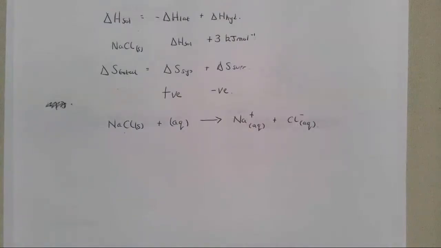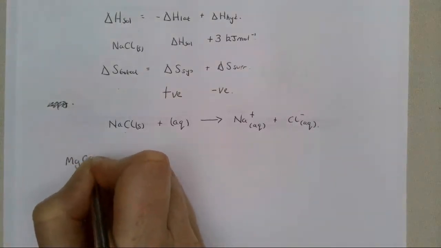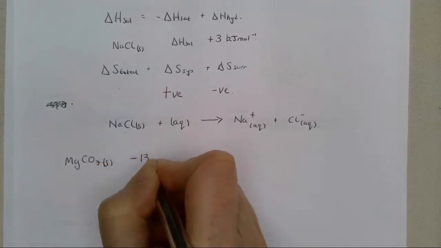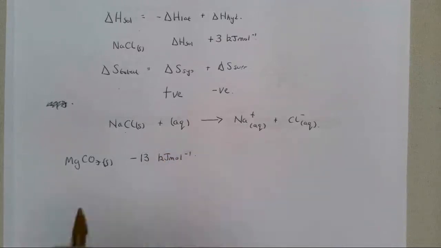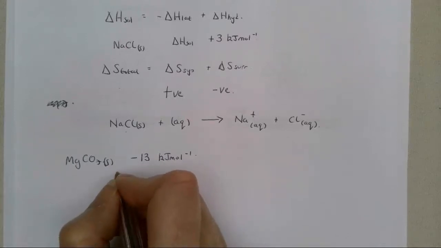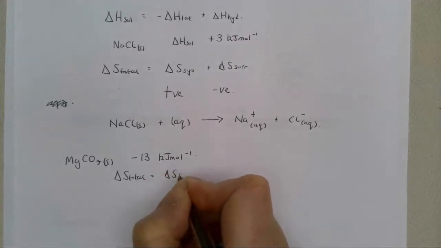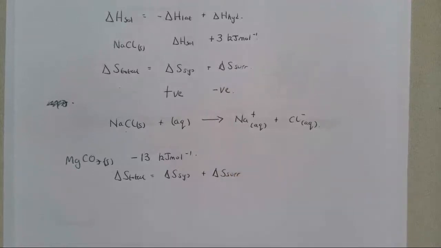So now we need to look at magnesium carbonate, MgCO3, which has a negative enthalpy of solution. It is minus 13 kilojoules per mole, and yet is insoluble in water. So we need to explain what's going on there. So looking again at our entropy equation, delta S total is equal to delta S system plus delta S surroundings.